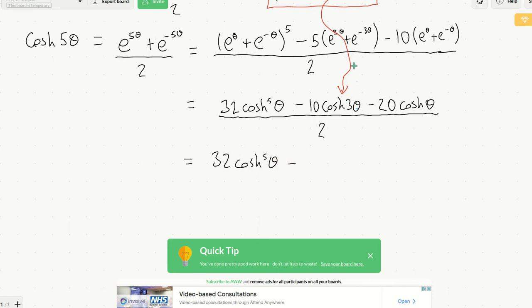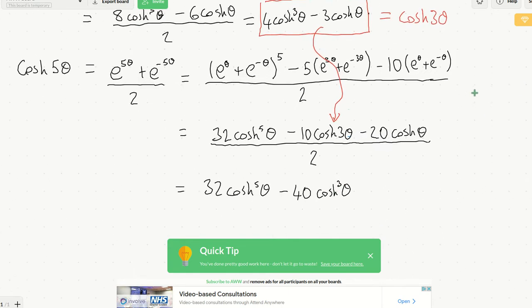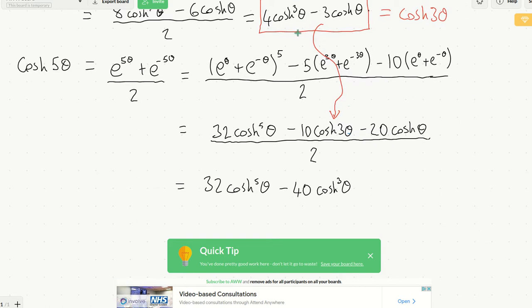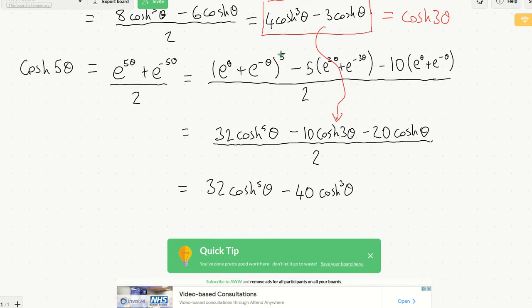And then we're going to get minus 10 times 4, which is minus 40 cosh cubed theta. Let me scroll up and show you where I'm getting it from. That is actually 4 cosh cubed theta, so I'm multiplying all of that by 10. And then I'm going to get minus 30 cosh theta.